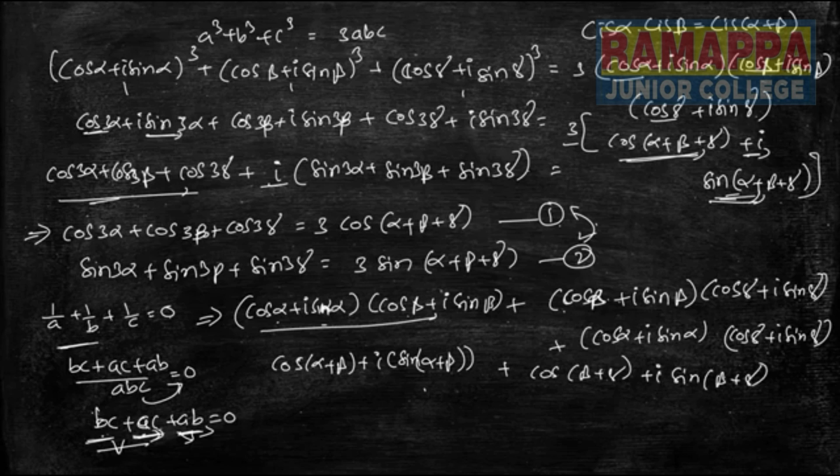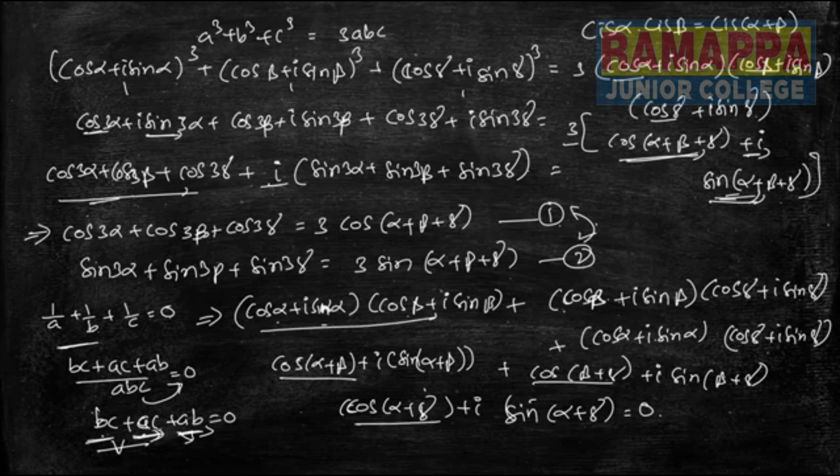Next one will come: cos of alpha plus gamma plus i into sin of alpha plus gamma will come. So this will come here, and we equate this to 0. We equate the constant terms, this one is equal to 0.